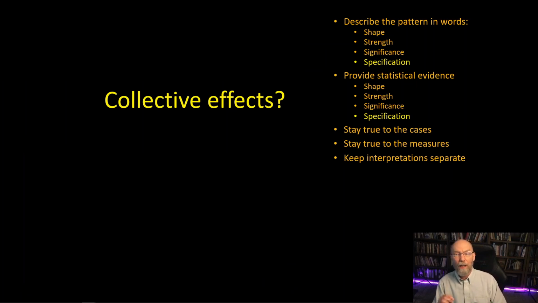Collective would be to say, in specification, we sometimes want to know how well this entire set of independent variables predicts the outcome in the dependent. Is it possible that knowing their degree helps us predict their television watching, and knowing their age helps us predict it, but knowing their degree and their age together collectively helps us explain even more?